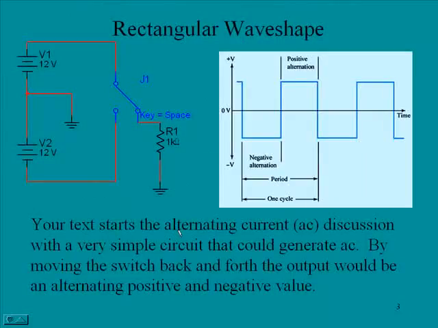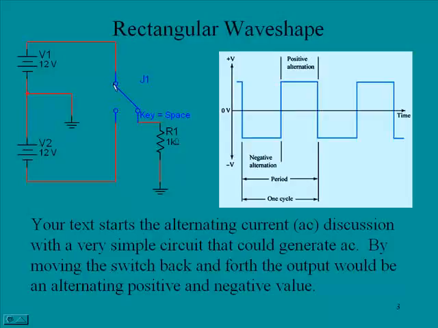Your text starts the alternating current discussion with a very simple circuit that could generate AC. By moving the switch back and forth, the output would be an alternating positive and negative value. The switch would be right here, and this would be our load, and this switch would be switched between this point and this point.